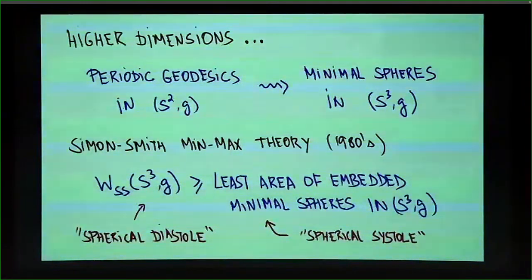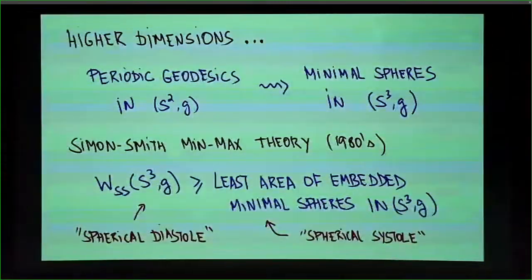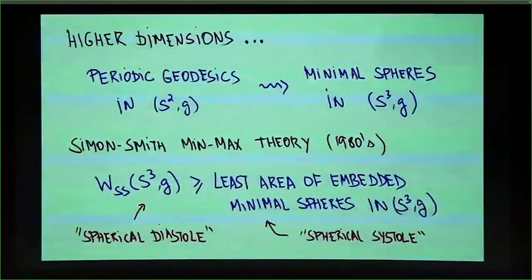And the least area I will call the systole, keeping the analogy with the previous case. And now let me show you a few theorems that I proved about the comparison between this number, the spherical diastole, and the volume of the Riemannian three-sphere.